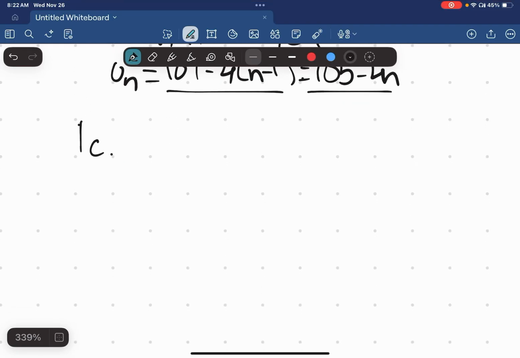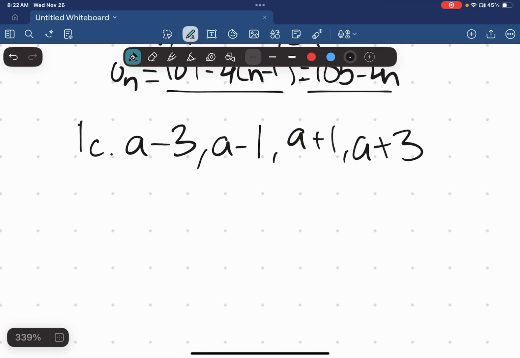1c, we have a variable this time: a minus 3, a minus 1, a plus 1, a plus 3. Taking out the a, we know that u1 is a minus 3. Now let's find the common difference. Once again, it's a simple arithmetic plus 2 every time.